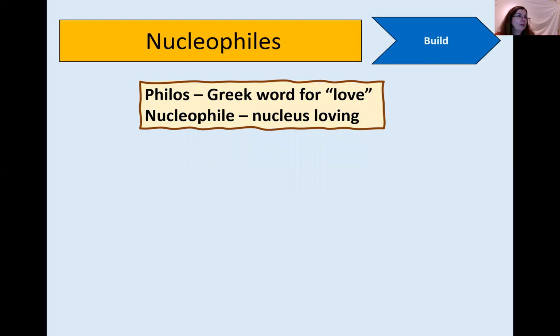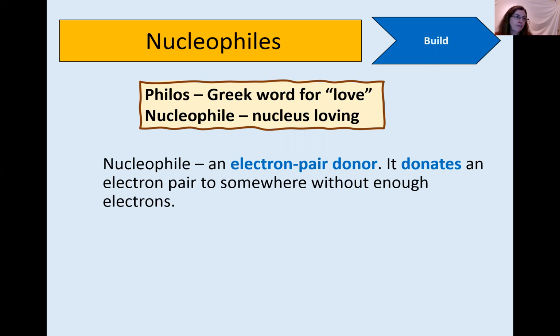I'm going to talk about nucleophiles. So we need to know what nucleophiles are. So philos comes from the Greek word for love. And a nucleophile is a nucleus-loving species. And we know that nuclei of atoms are positively charged. So a nucleophile is something that likes a positive charge. So it's looking for a positive charge. So a nucleophile is an electron pair donor.